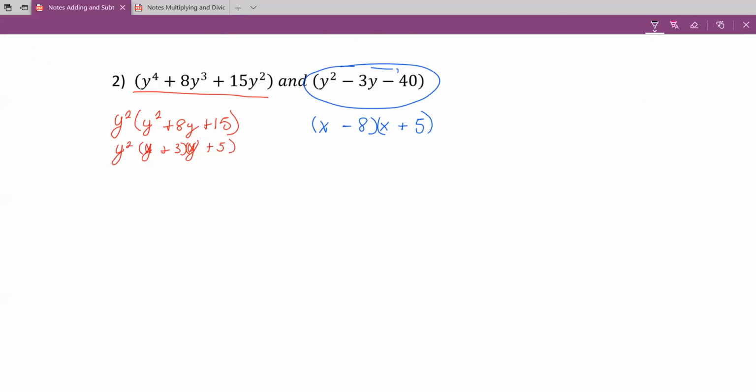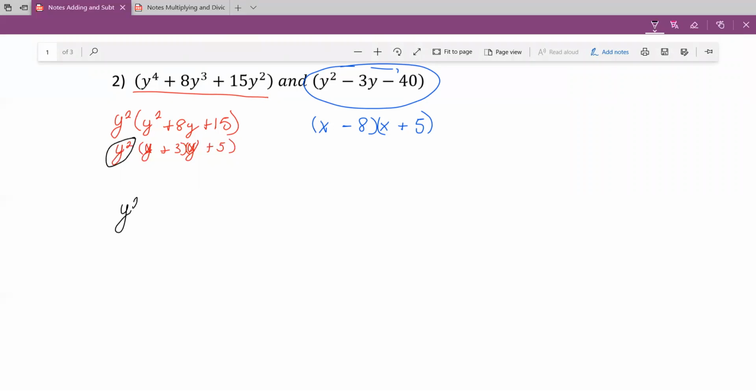So to find my least common multiple, I'm going to take the highest power for each part. I have a y squared, so my least common multiple starts with a y squared. I have one y plus 3.